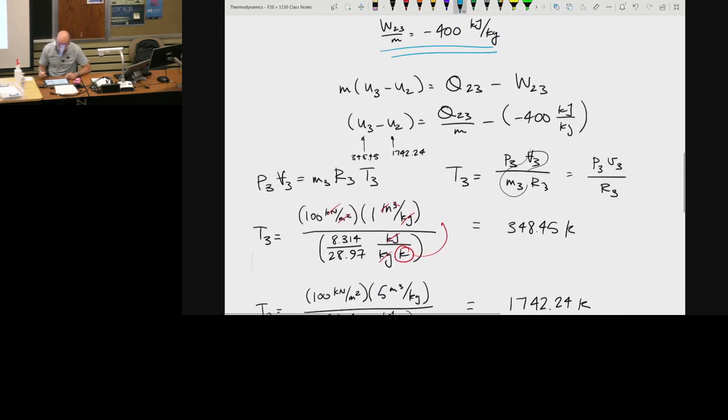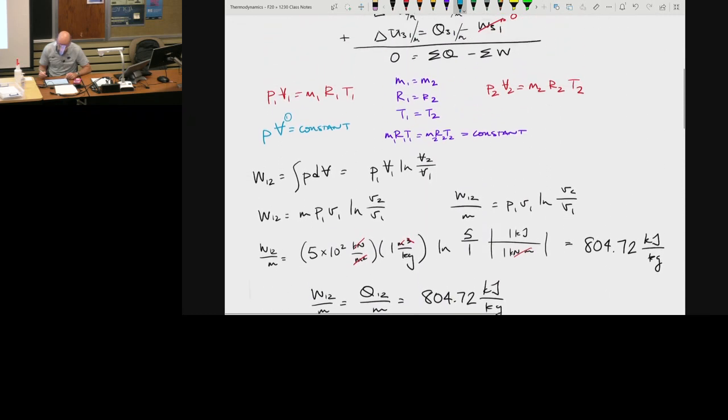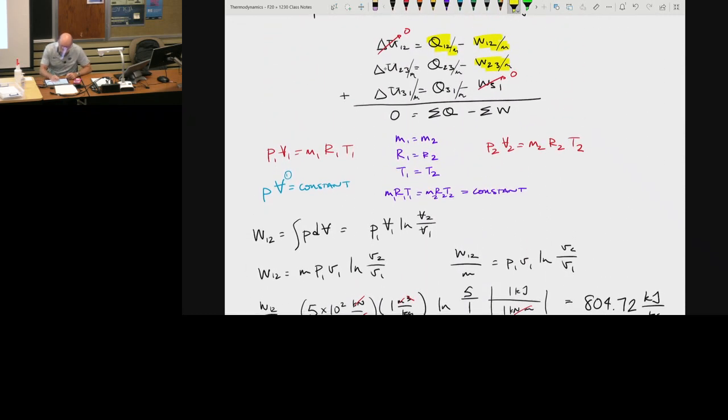So what do I have here? I figured out this information here, and I figured out this information here. All this left here, I don't need to find U31. That's not necessary in my problem, because my problem statement's only asking me for the summation of my work and my heat transfer in. So I need to figure out what my Q31 is.